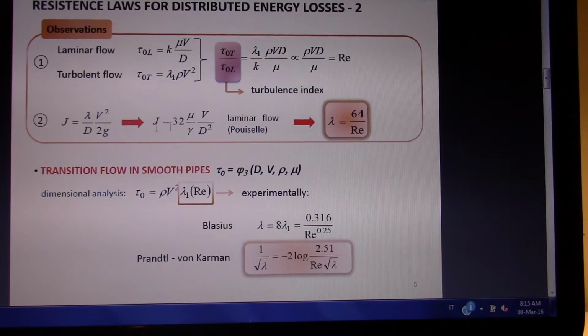Just comparing these two things, you can get that lambda is equal to 64 over Reynolds. Hence, let's try to see if it's true or not. So, let's go back to again our paper.